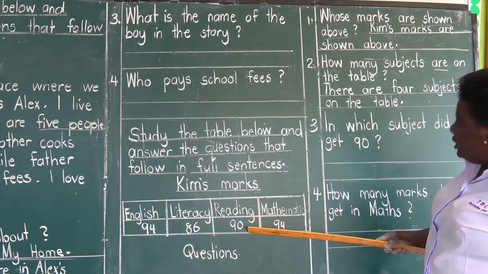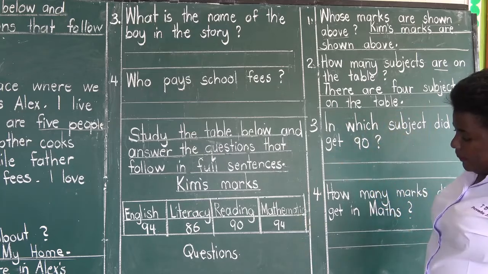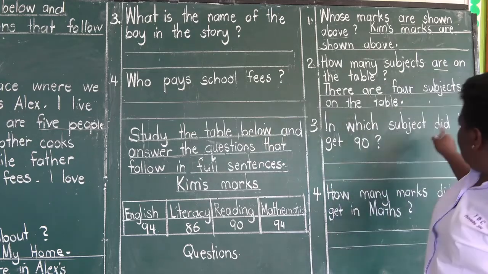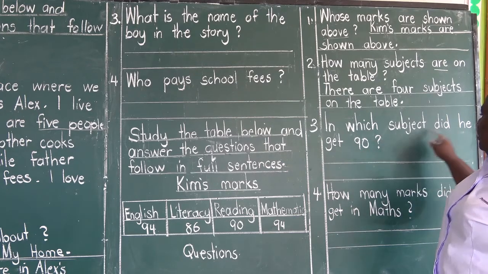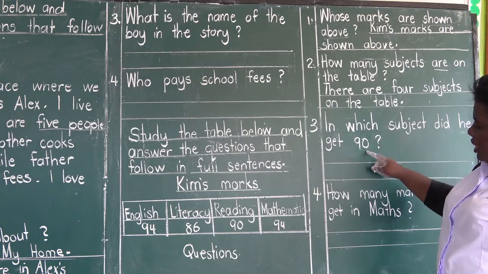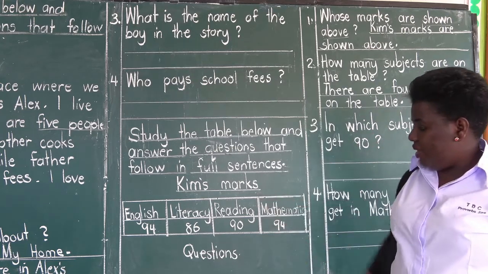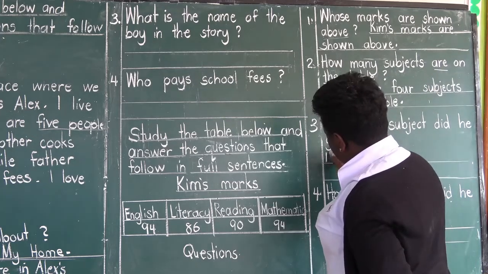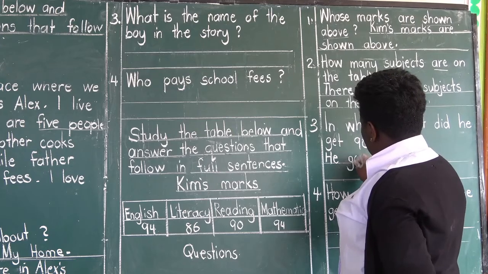Reading, 90. Yes. So we say he got. This one will change to got because of this did. He got 90 in, you copy that word reading. Remember, we start with a capital letter. He got.